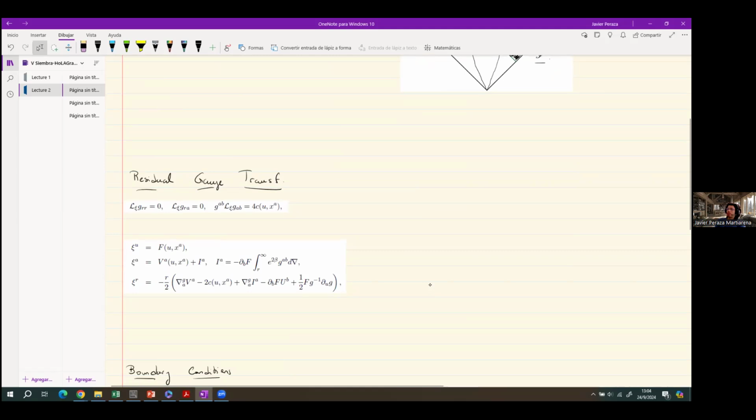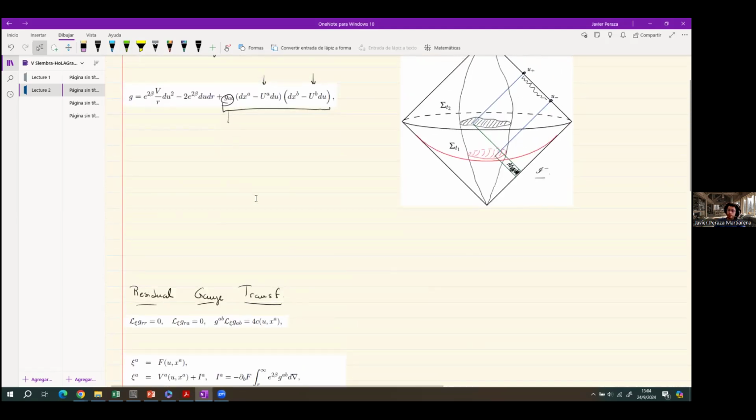So we just impose that the RR components are still 0. The RA components are still 0 because we want to preserve this gauge. So when we act with some diffeomorphism, we want to preserve this. Therefore, the infinitesimal action of the diffeomorphism has to preserve this.